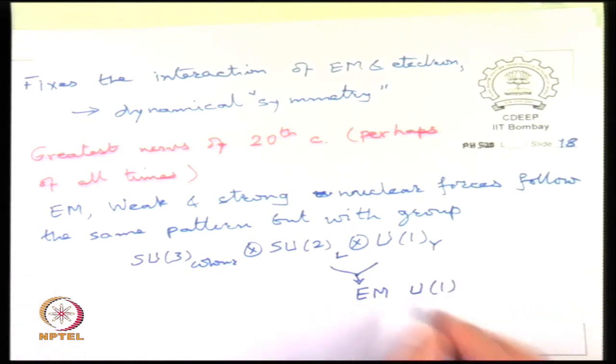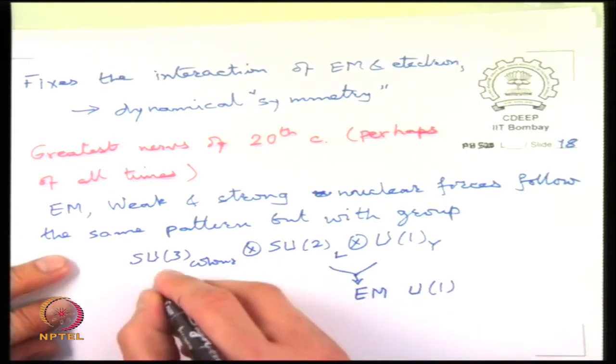The U1 of electromagnetism is a linear combination of those two, but this SU2 acts on the doublet of electron and neutrino, and SU3 acts on the quarks, the triplet of quarks.